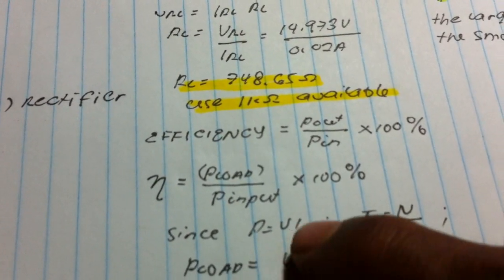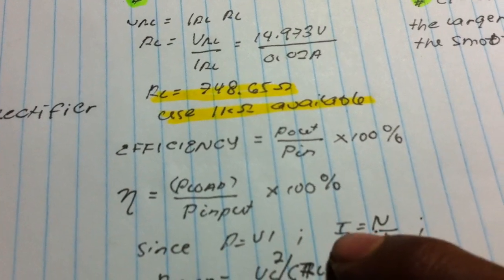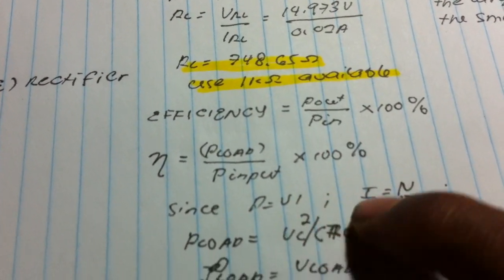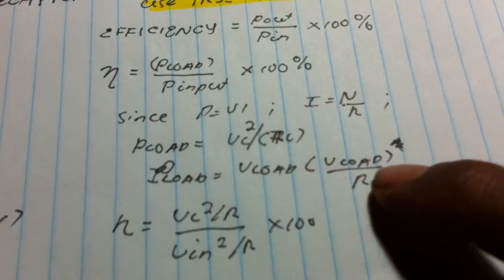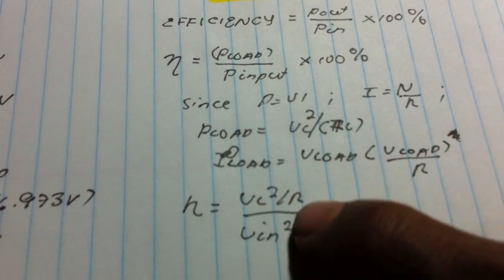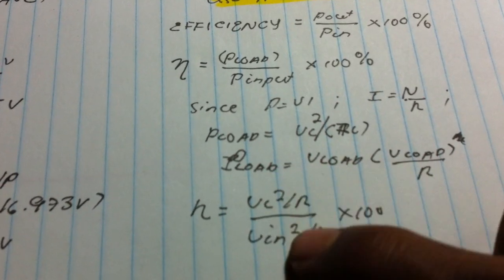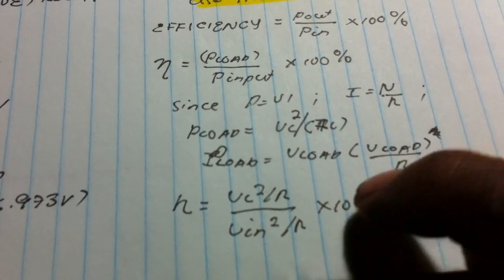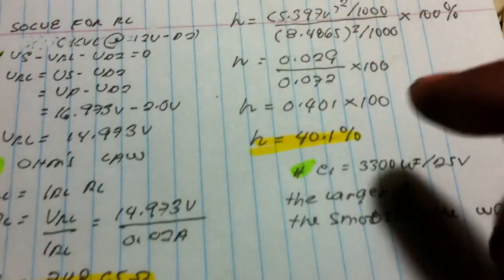Since P is equal to VI and I is equal to V over R, substituting V over R for I becomes V squared over R. So V squared over R of the load, VO squared over R of the load, over VIN squared over R of the load, times 100.